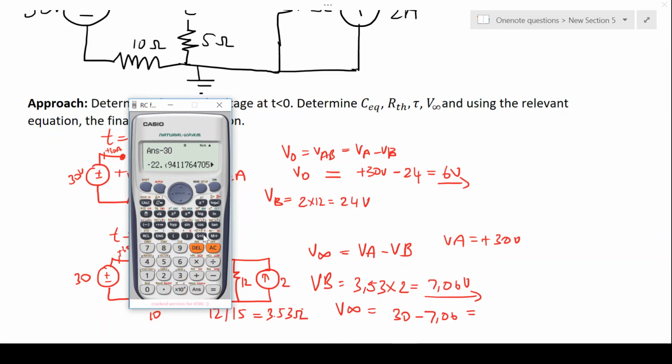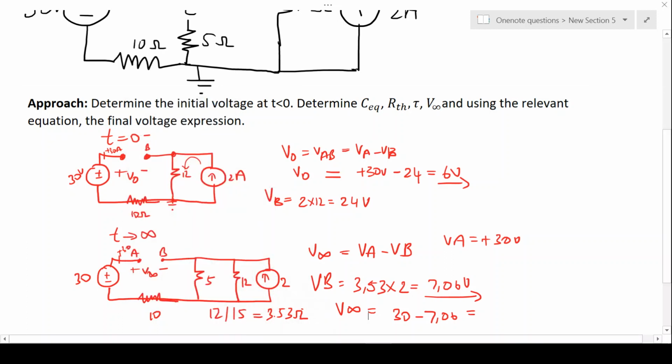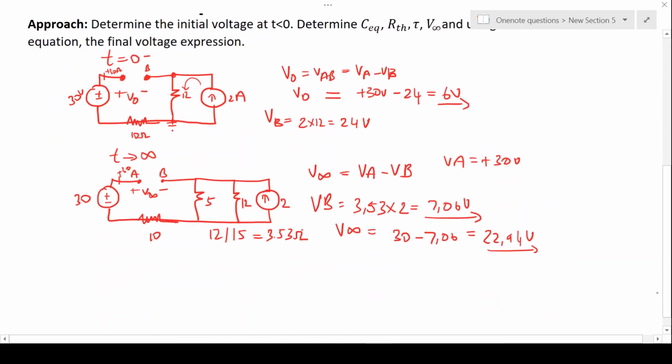And that gives us a value of 22,94 volts. Right, so we've got our V infinity, we've got our V0, and now we need to get the time constant.